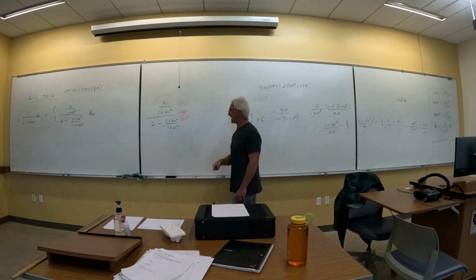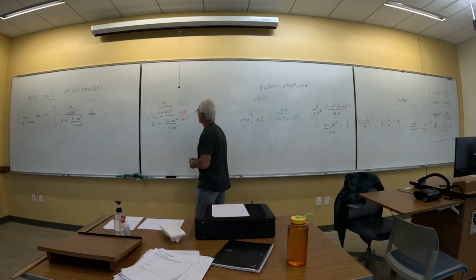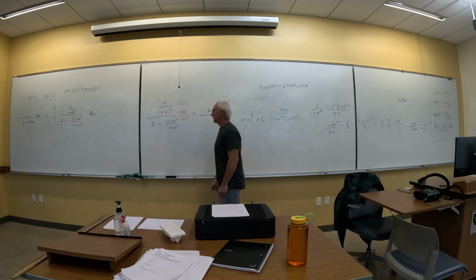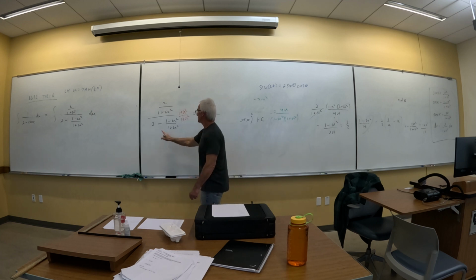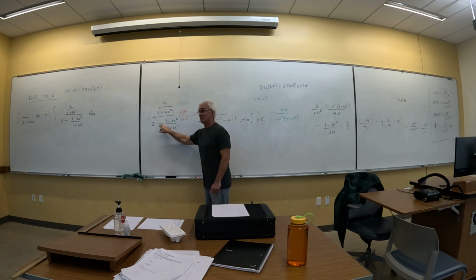Why? Because I can, and I'm not going to make any mistakes by rewriting things, getting numerators and denominators mixed up. Multiply the numerator by this, and what do you have now? 2. Multiply the denominator by this, and you have 2 times this. Those cancel. I'm going to put parentheses. Careful, because that was a minus sign.